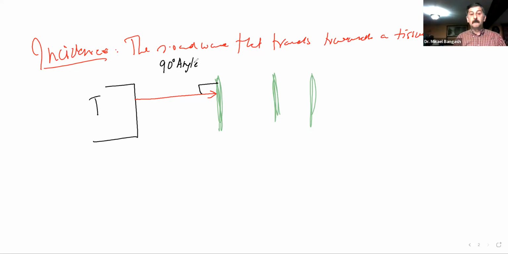This 90-degree angle can also be known as a right angle.